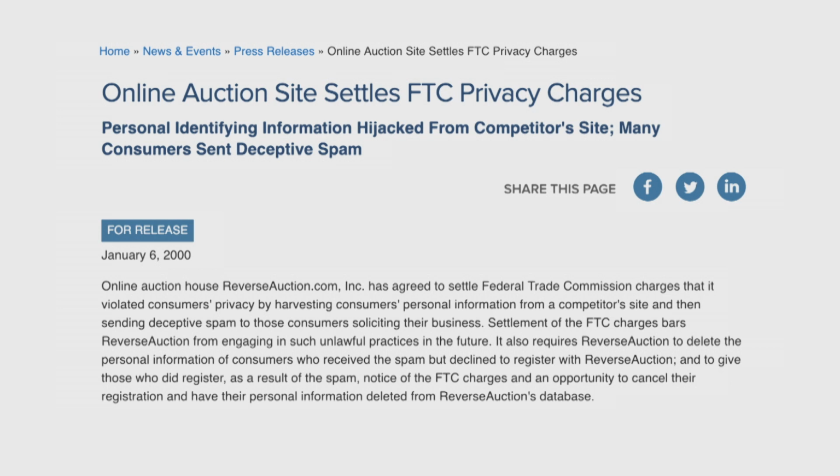And they wanted to be a competitor of eBay. They thought that the best idea to do that is to actually get all the data of eBay's users, their username, their emails, but also, very importantly, the trustworthiness ratings that the sellers or buyers from eBay had.